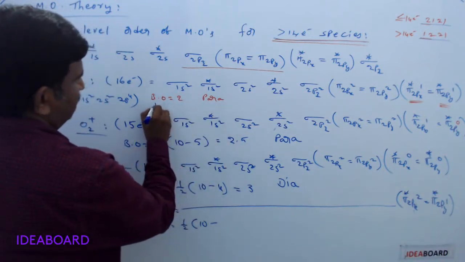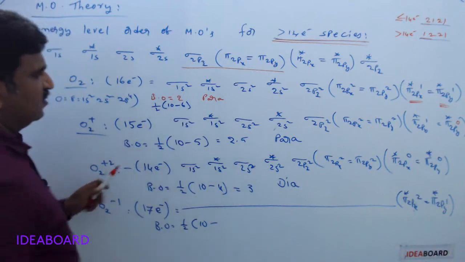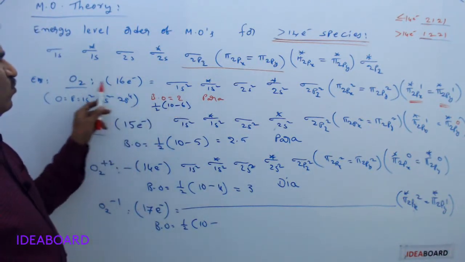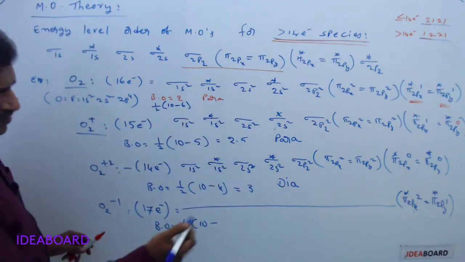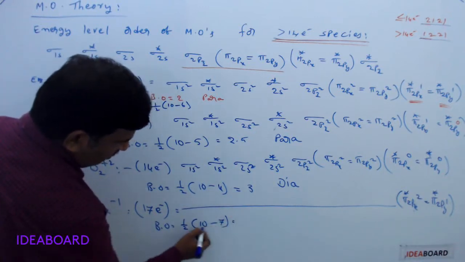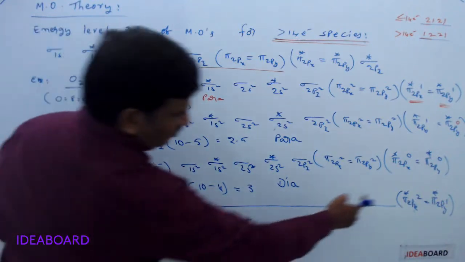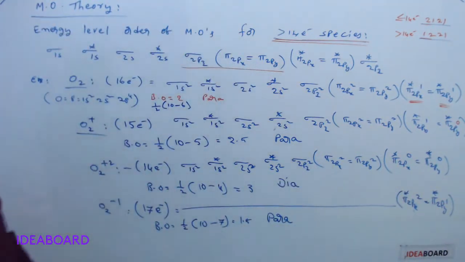Bond order means it is half into 10 minus 6. 10 is bonding electrons, no change. Anti-bonding electrons in O2 is 6, but in O2 minus 1 it is having 7. 10 minus 7, so you will get bond order 3 by 2, that is 1.5. And one more unpaired electron is present, so O2 minus 1 is also paramagnetic.